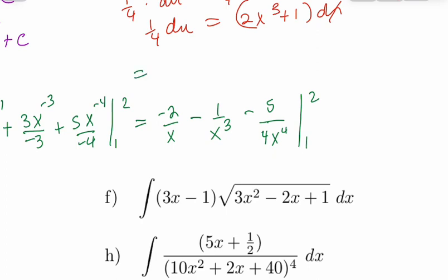If we plug in 2, we get negative 1 minus 1/8. What's 16 times 4, people? 64? So that would be negative 5 over 64.